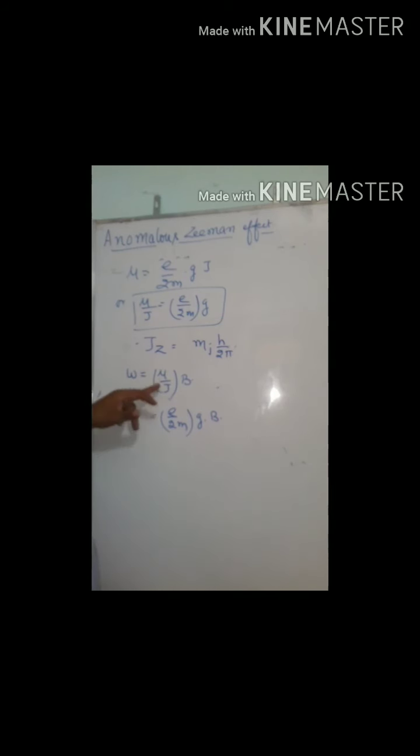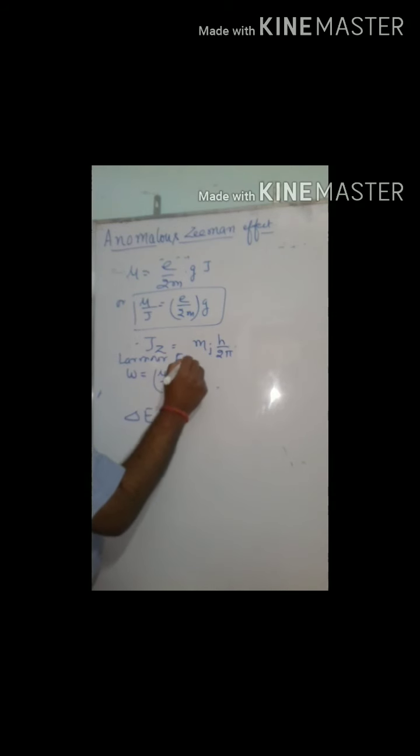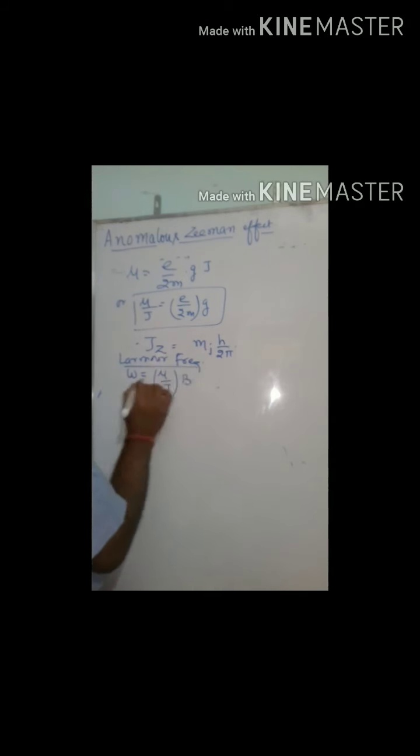And the energy associated with it, that is the change in energy due to this Larmor precession, this is the Larmor frequency, omega is equal to mu upon J into B, and delta E is equal to how much?